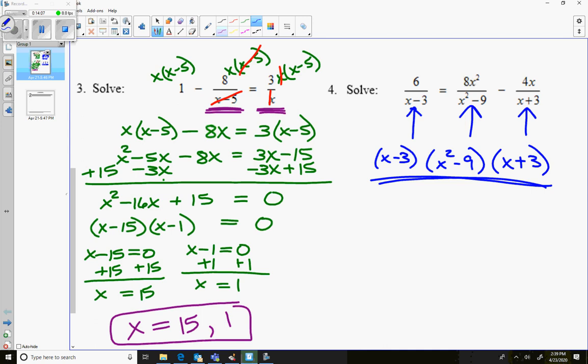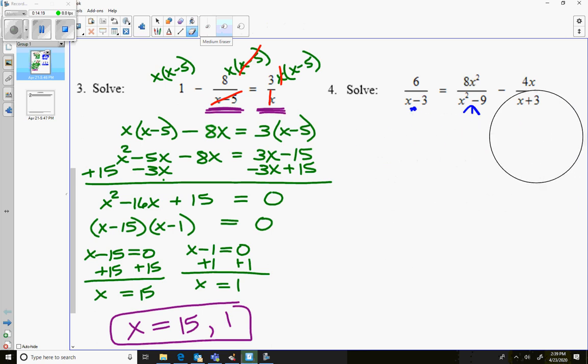But if you do all that, you're going to end up with a polynomial that's too big for you to be able to work with. You're going to get stuck. So that's not actually what we want to do in this case.